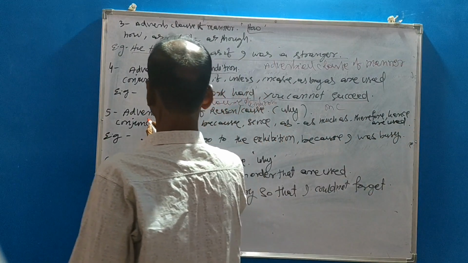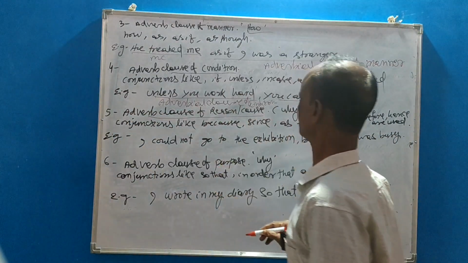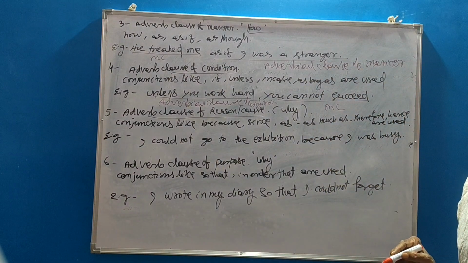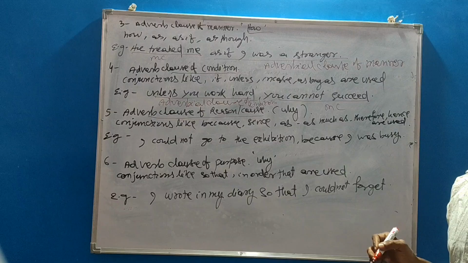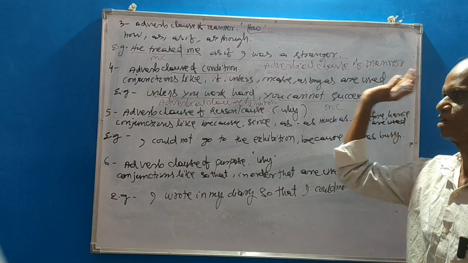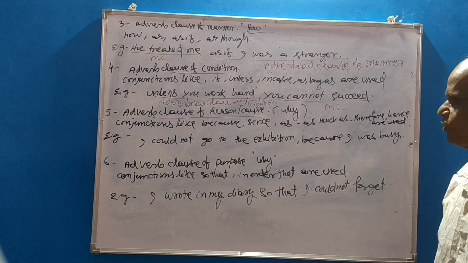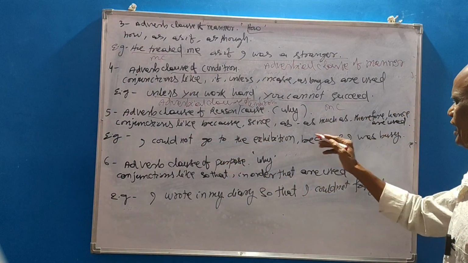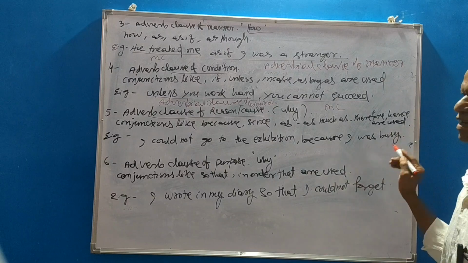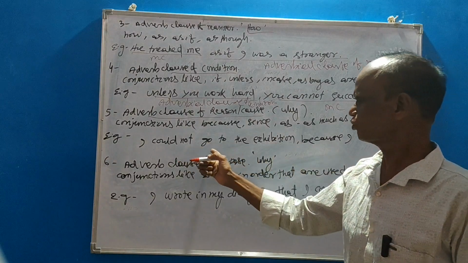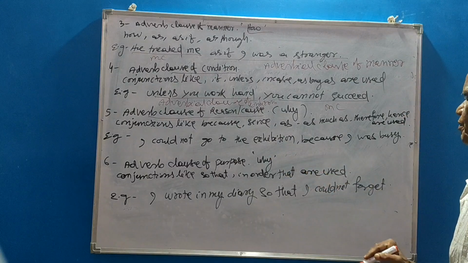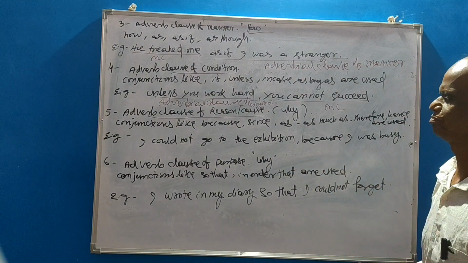Next. Adverb clause of reason. Usually it gives the reasons which are mentioned. Conjunctions like because, since, as, therefore, hence are used. I could not go to the exhibition because I was busy.